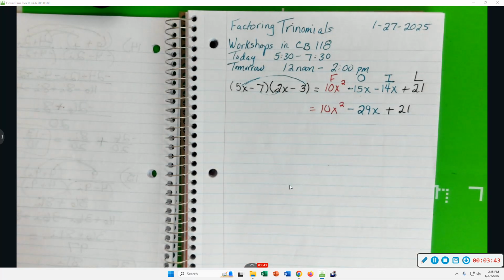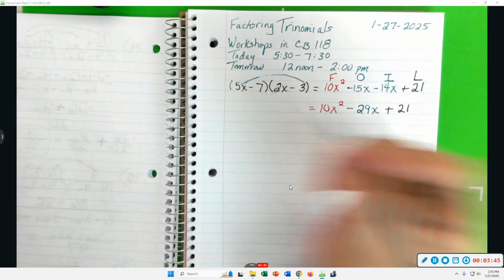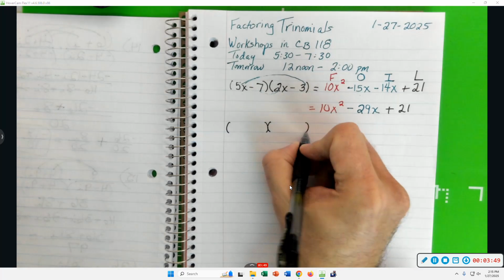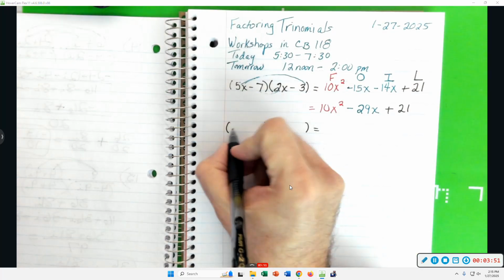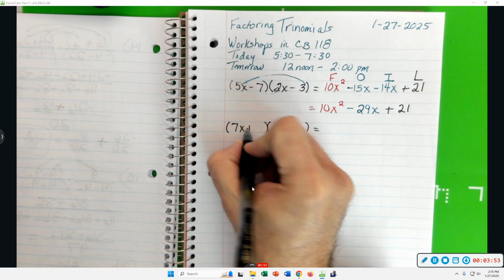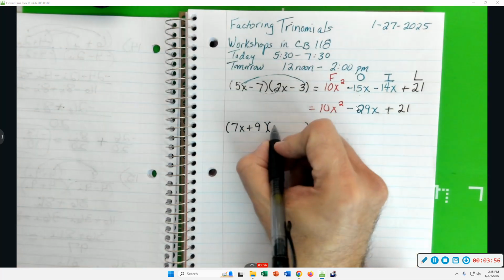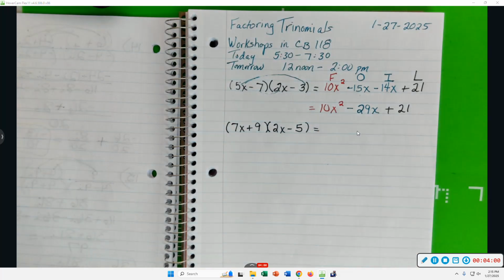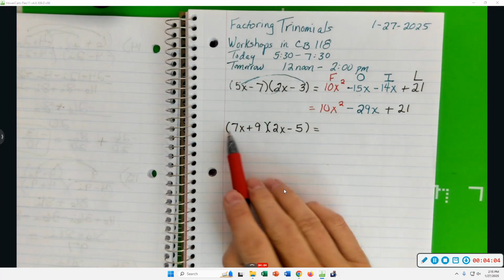Let's do another one. What we're going to be doing in this class is reversing the FOIL method. We'll be going from the expanded form and trying to go back to the factored form, the form that's a product, the parentheses. So let's FOIL this out.